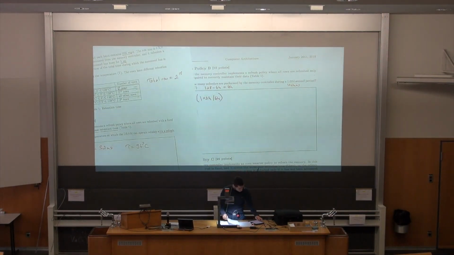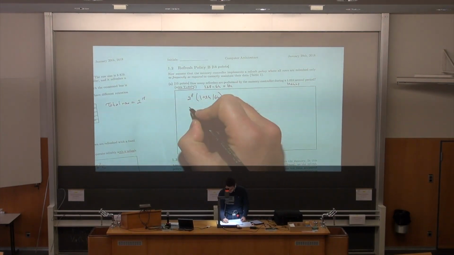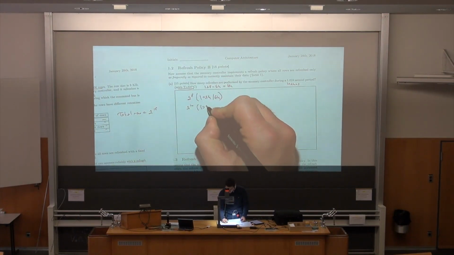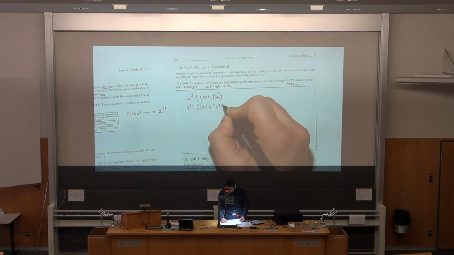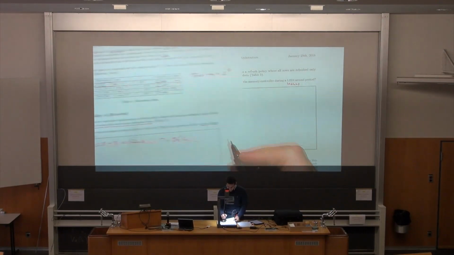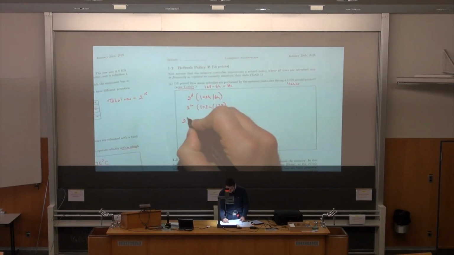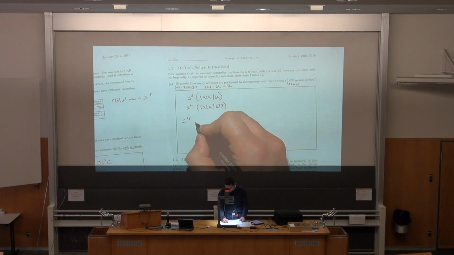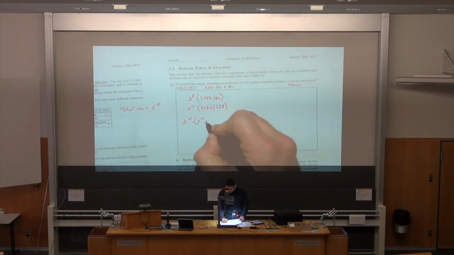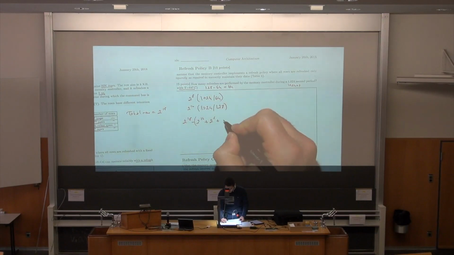This will be the number of refreshes for that many rows. For these rows, we will have that number of refreshes, because this is 2 times 64. And for all other rows, we simply calculate the total number of rows, 2 to the 18, minus 2 to the 16 plus 2, the number of rows that are visible here.